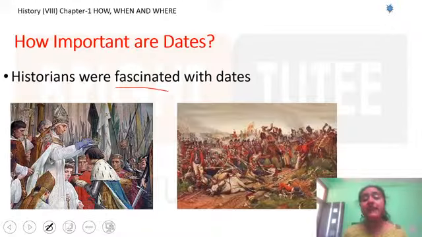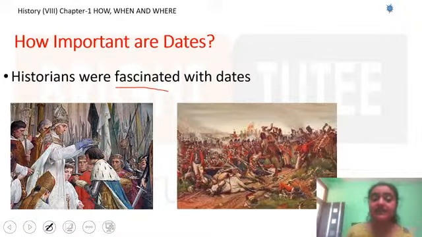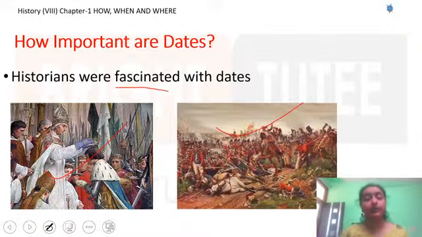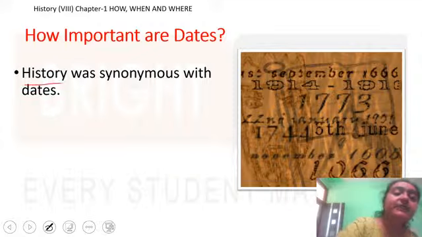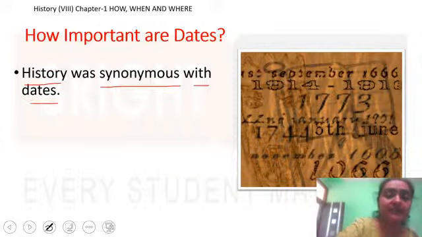Fascinated with dates means they were only interested in writing the history of dates, like when a king was crowned, when a particular battle took place, what the names of the kings were, which two regions fought, and the dates related to it. And you also think that history is synonymous with dates.